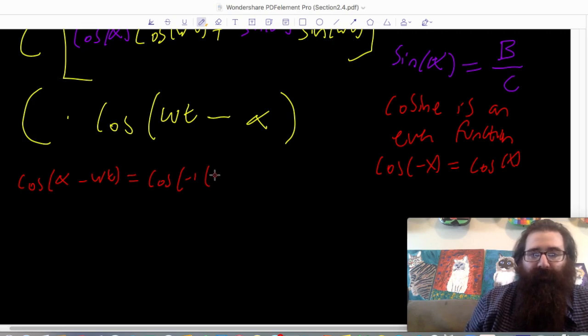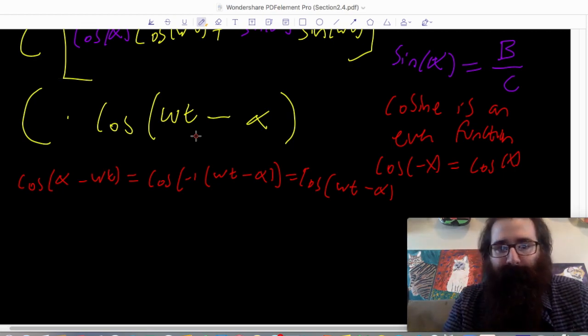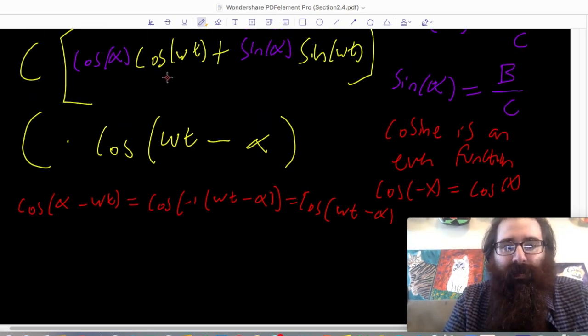This reverses the subtraction to omega t minus alpha, which then just gives me cosine of omega t minus alpha anyways, since cosine is an even function. So this works out perfectly. Just for the sake of showing this derivation, it's easier to let this be x and let alpha be y, so we get that form directly.